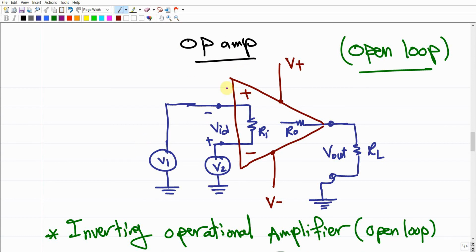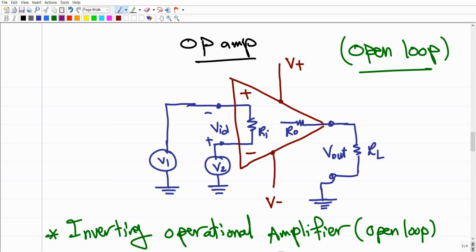First, we're going to consider the operational amplifier in the open loop configuration. What does it mean? An open loop system in general is the kind of system where you just give input and then receive output, and that's it. The other type is the closed loop system.